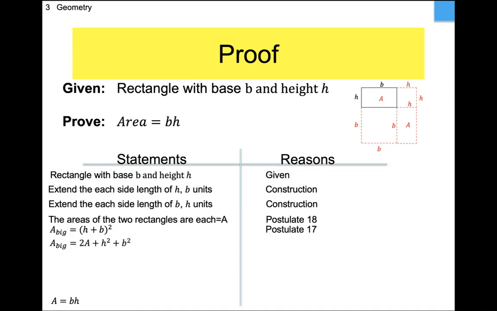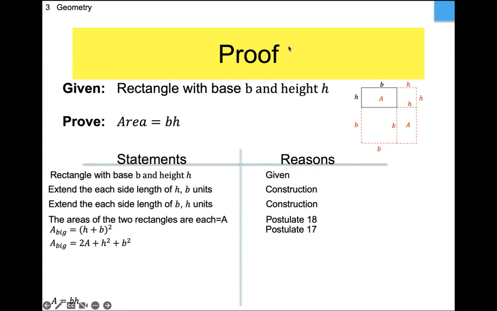I could say that since the two rectangles were size A, their areas were A, and since I have two of them, I could say 2A plus the bottom left square. The bottom left square has a side length of B, so that would be B squared. And then the upper right one has a side length of H, so it would be H squared. So now I can write two different ways of the same measurement.